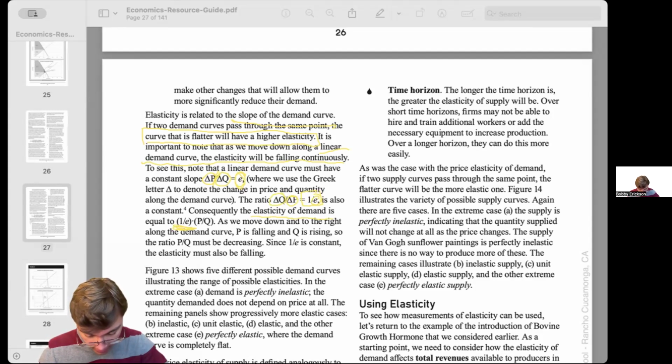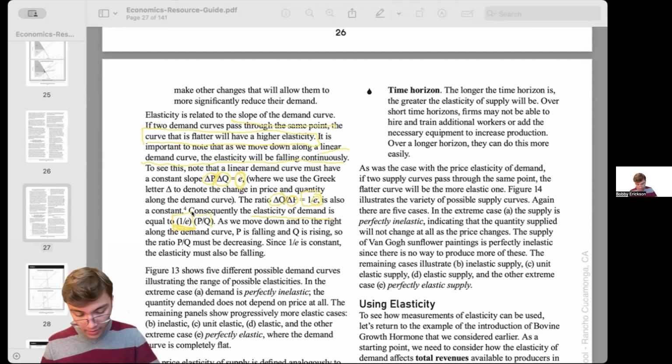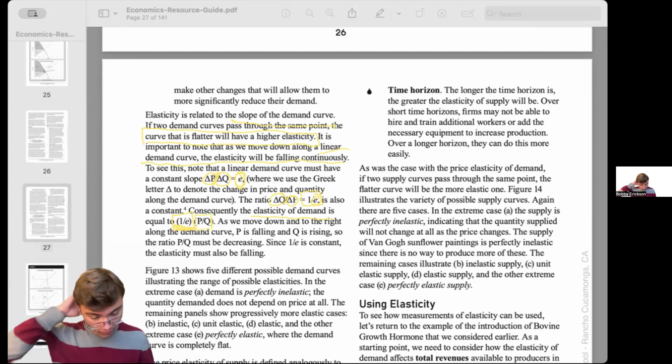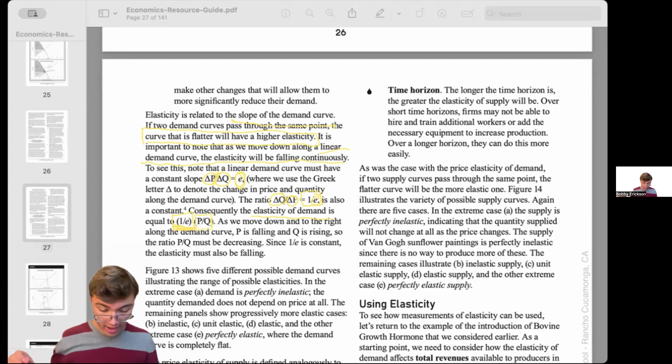In order to get the elasticity of demand, we are multiplying this constant slope by the actual ratio of the price over the quantity. So this is how we find the elasticity of demand.